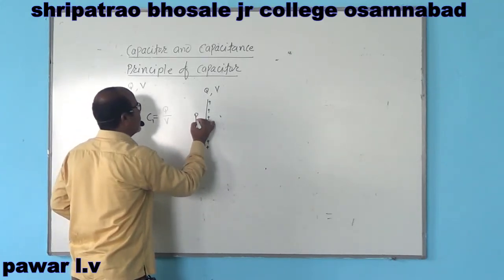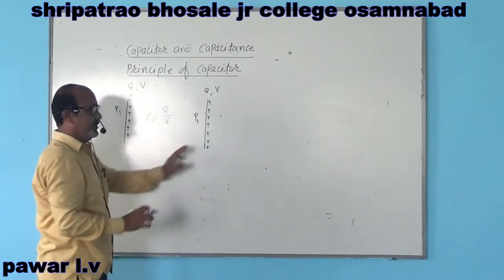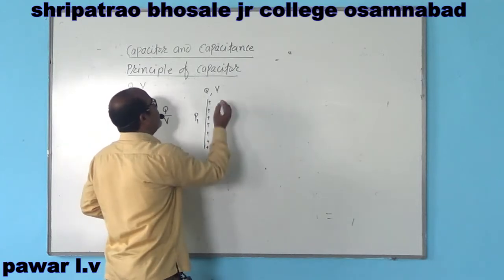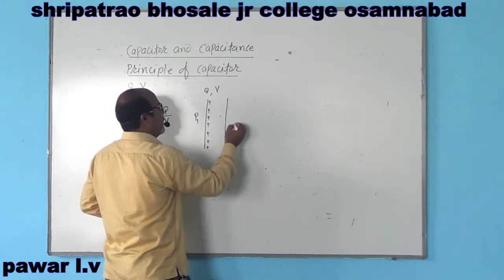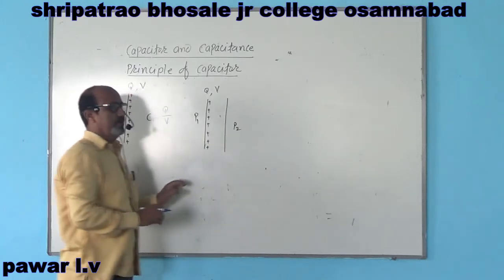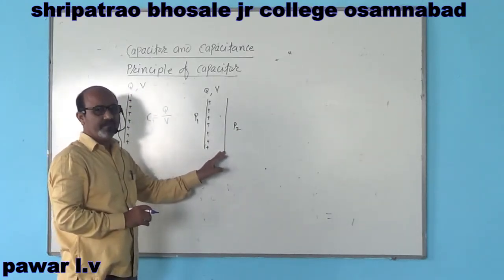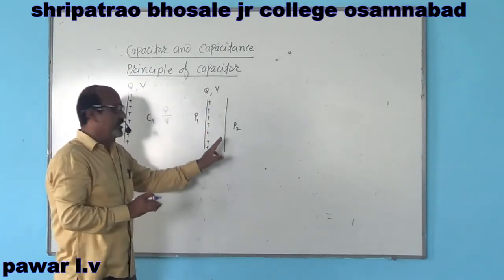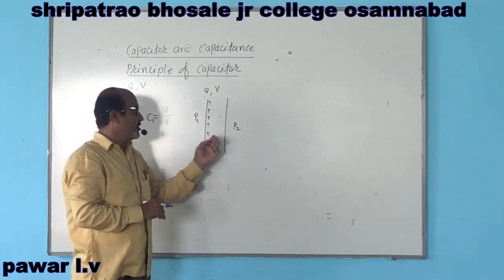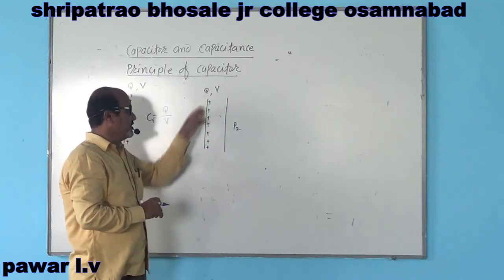Now take another metal plate P2 which is kept close to P1. This is a metal, it contains a large number of free electrons. Therefore, electrons get attracted towards this positive charge.